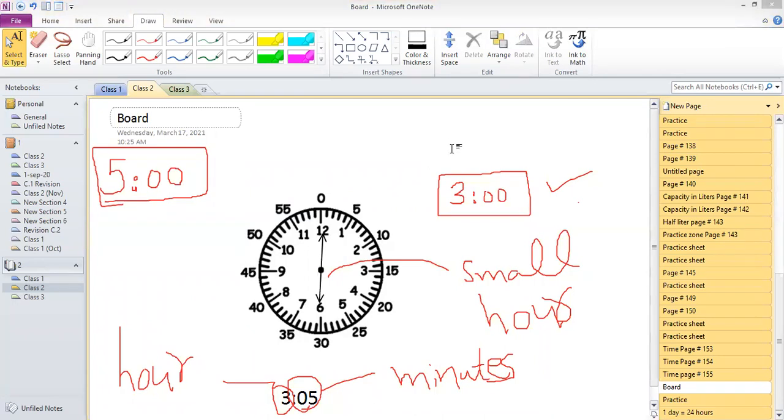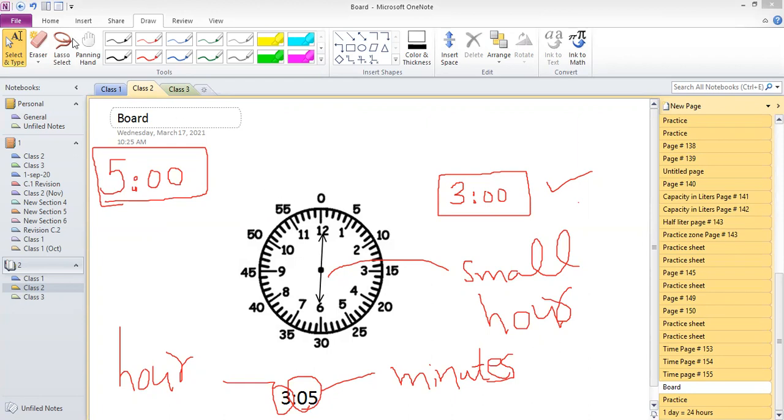So this is how you will identify the hour. The hour is 5, 6, 7, 8, whatever. Then we learned about the minute hand also, that the long hand tells about the minutes. At 12, there are 0 minutes. That means if the hour is 6 and the long hand is at 12, it is 6 o'clock.